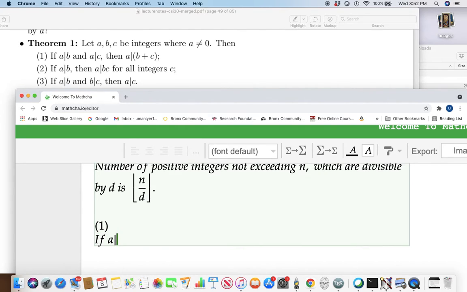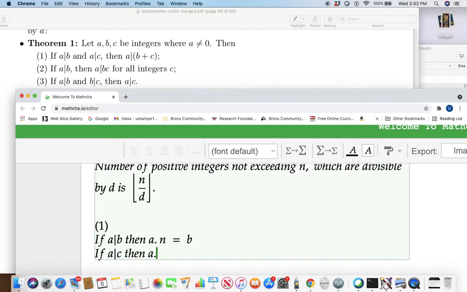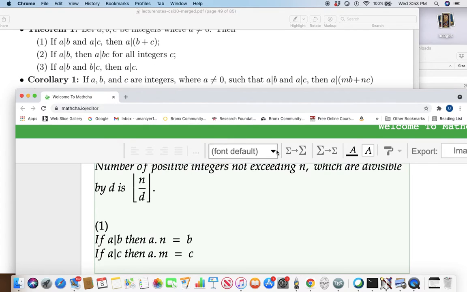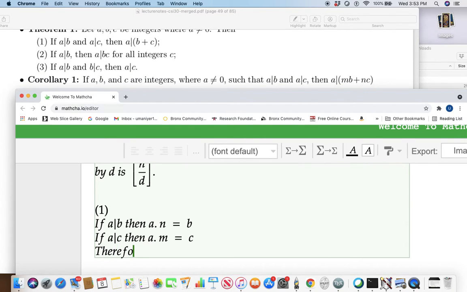If A divides B, then A times some number is B. If A divides C, then A times some possibly another number is C. Therefore, A times N plus A times M equals B plus C.